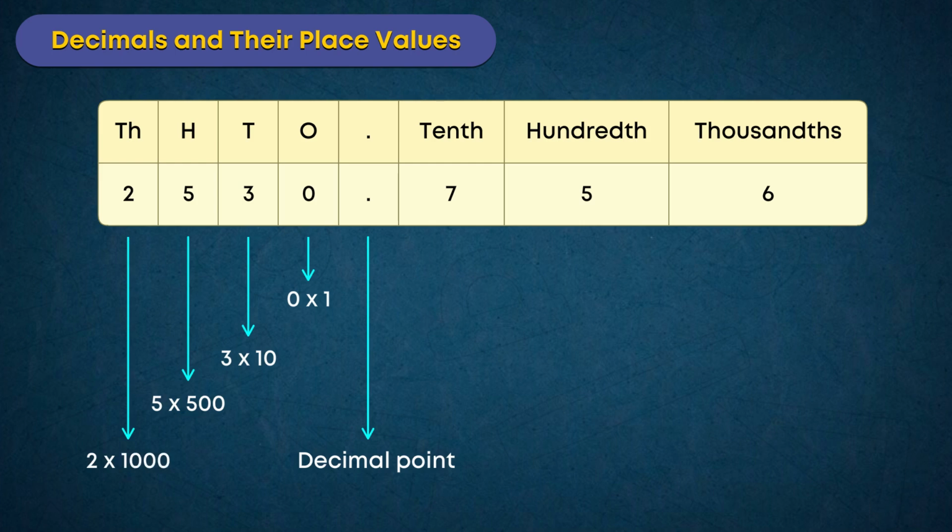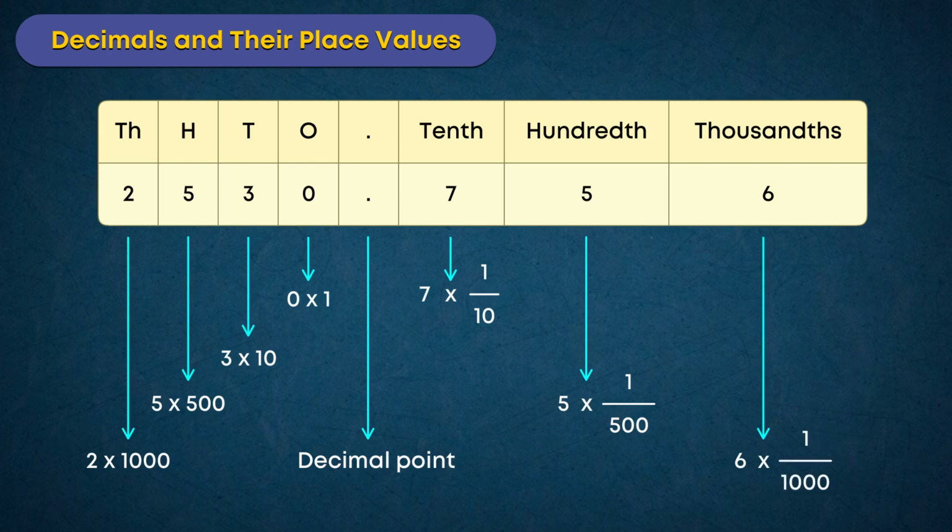From the right of the decimal point: in tenth, 7 into 1 by 10. In hundredth, 5 into 1 by 100. In thousandth, 6 into 1 by 1000.